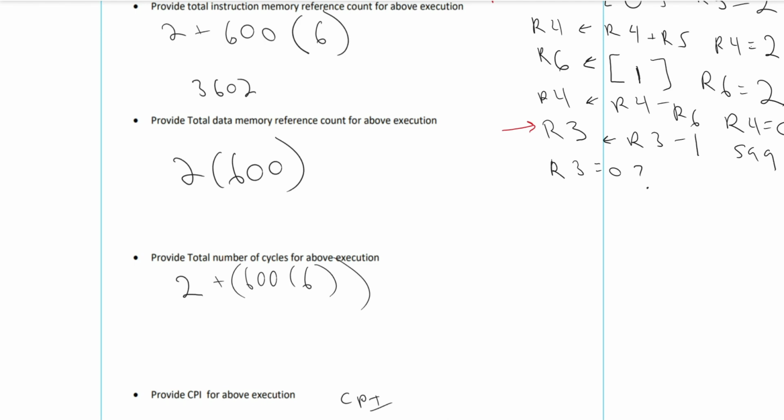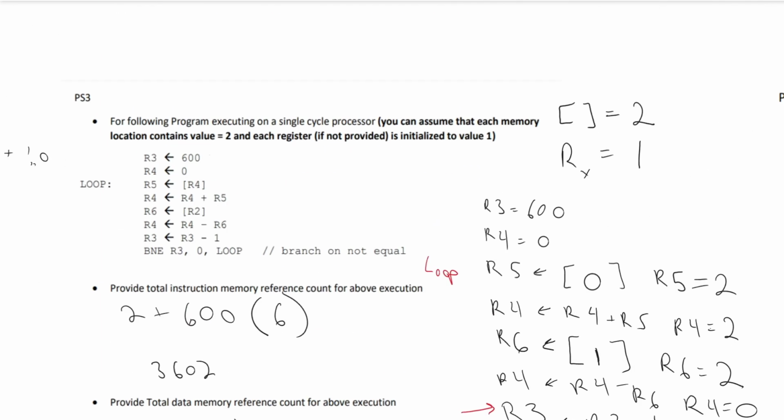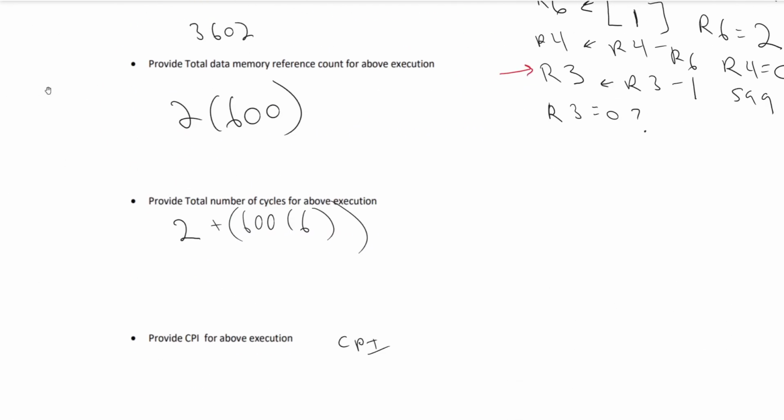I just remember I took a test for this once. If it's a single cycle processor, isn't it just one? Because every instruction takes one cycle. Like when they ask that, the answer is always one. Even on the test when I took it, the answer was one.